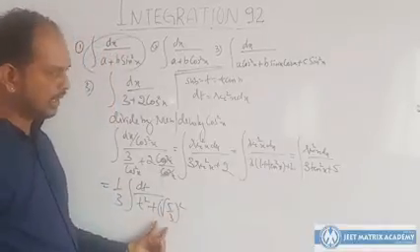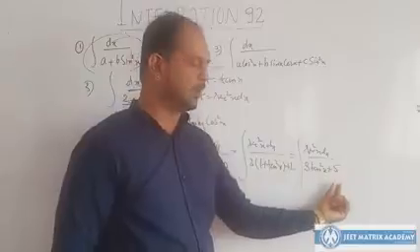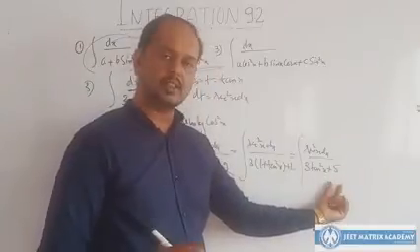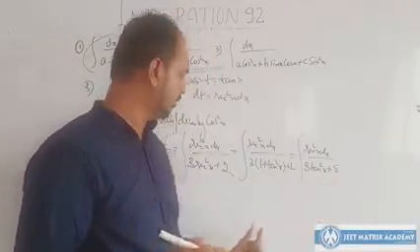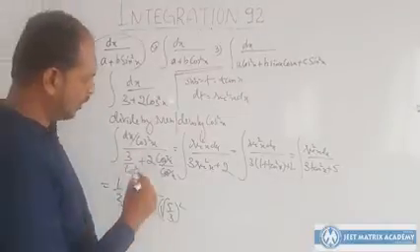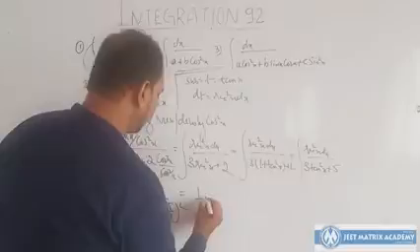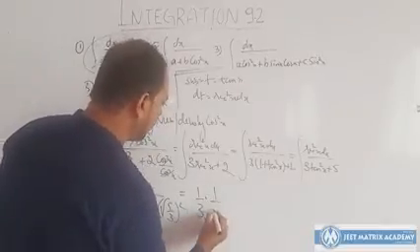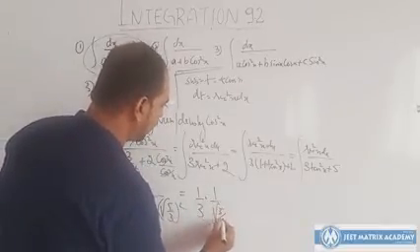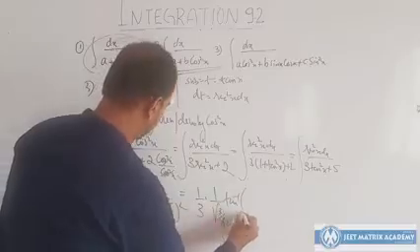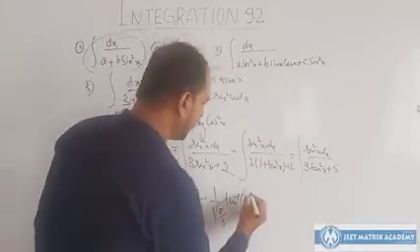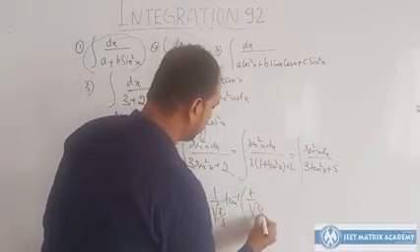To reduce one step, I directly wrote 3 taken outside, so it is 5 by 3 here. I am trying to write it in the square format, so it is root of 5 by 3, whole square. So now my answer: apply the standard form, 1 by a is root 5 by 3, tan inverse of t by a, t by root 5 by 3.